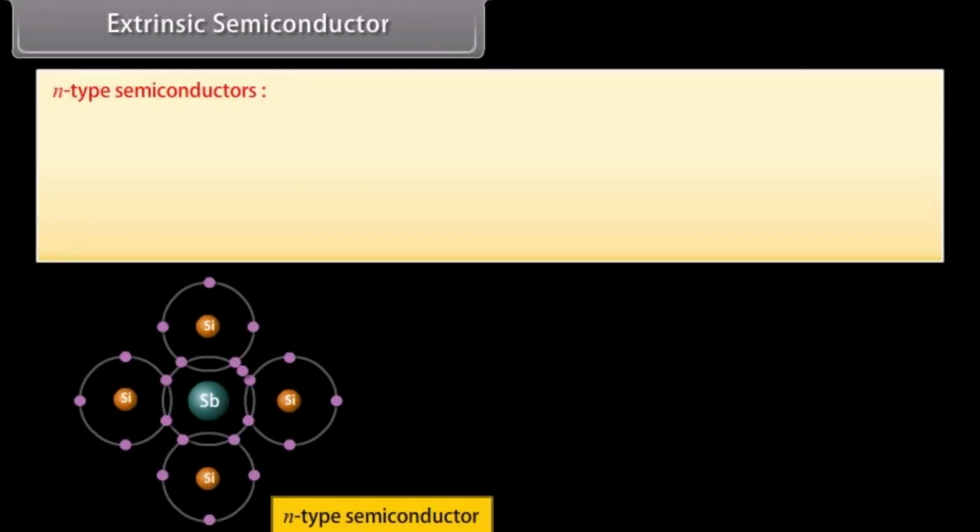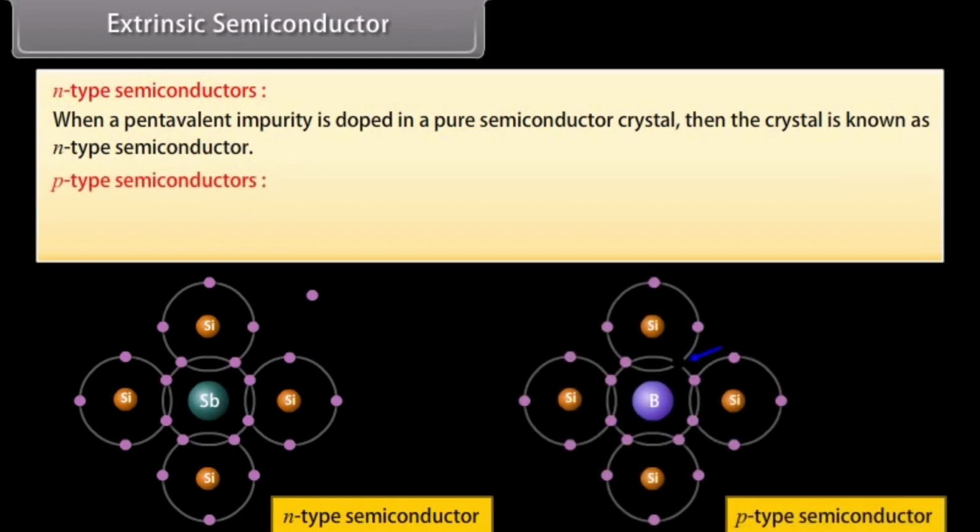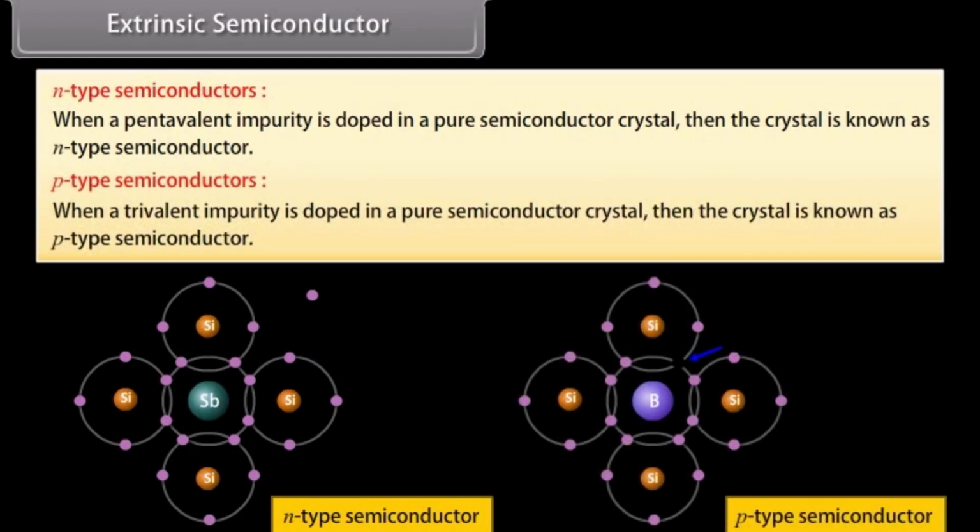N-type semiconductors. When a pentavalent impurity is doped in a pure semiconductor crystal, the crystal is known as N-type semiconductor. P-type semiconductor. When a trivalent impurity is doped in a pure semiconductor crystal, the crystal is known as P-type semiconductor.